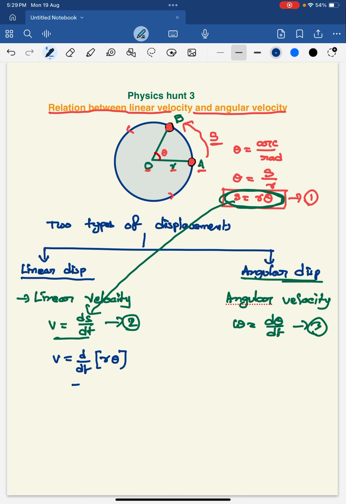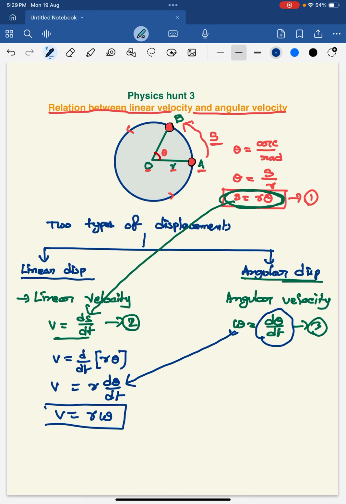This we can write as r into d theta by dt. Here d theta by dt is omega. Therefore v is equal to r into omega. This is the relation between linear velocity and angular velocity.